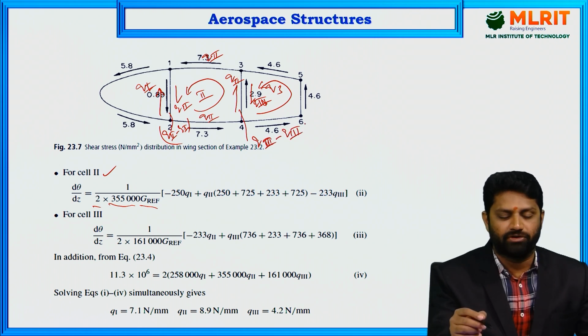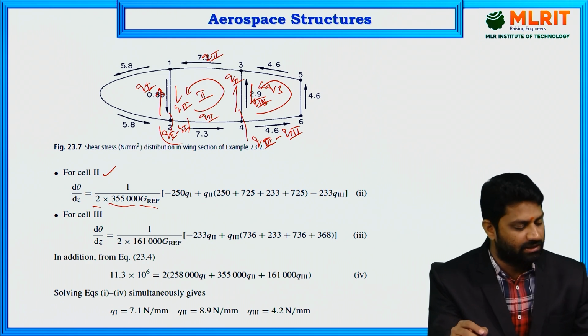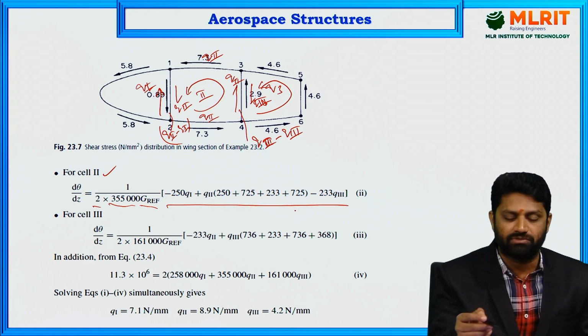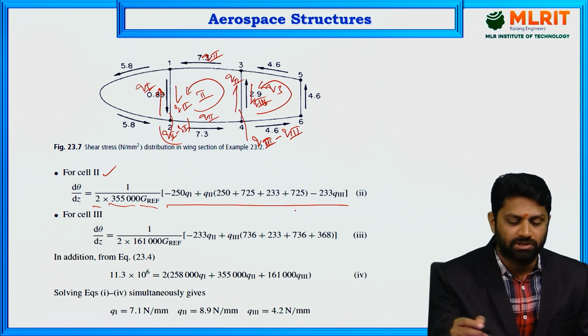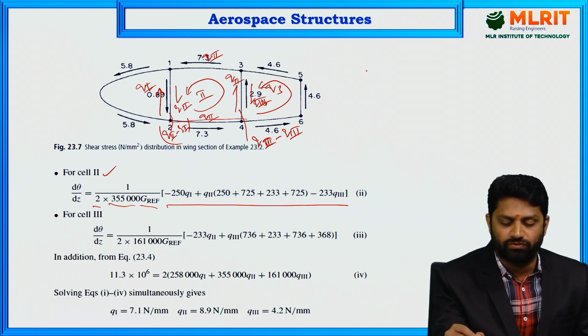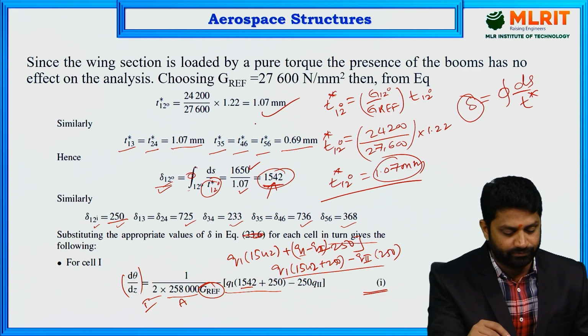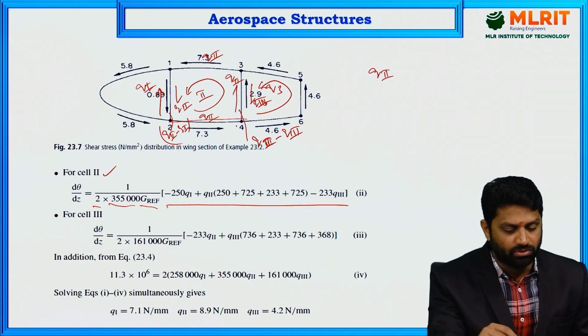Okay, and if you try to write this equation, this is directly given, so we have to write it in our own words. So first let's try to write the separate equation, that is 2 4. So 2 4 is equal to, the shear flow in this is Q2, and what we got, delta for 2 4 and 1 3.